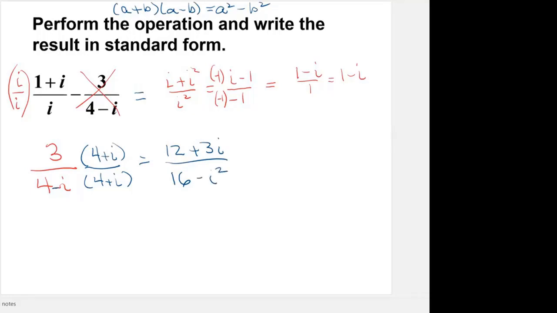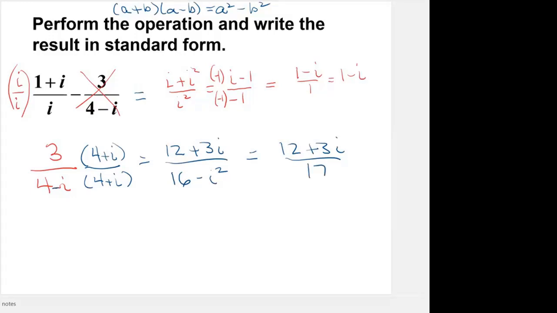When you square each term, you don't have to put the minus. I'm just kind of doing it out in more steps. So this is 12 plus 3i over, well, i squared is negative 1, right? So 16 minus negative 1 is 16 plus 1, or 17.